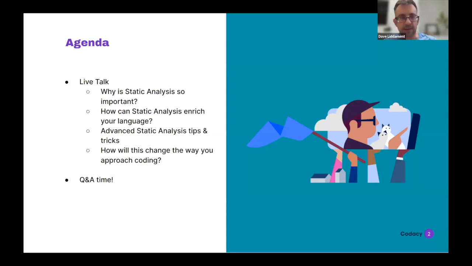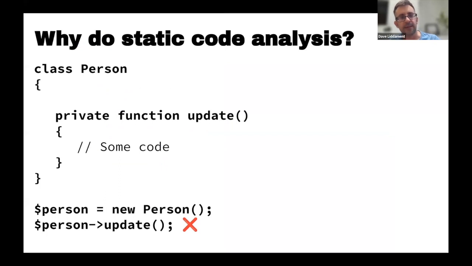A very simple example is, if we've got this code on the screen, and we call the update method on our instance of person, if we ran this code, it would fail. You would get an error thrown saying you can't access a private method. But the benefit of static analysis is we don't even need to run this code.